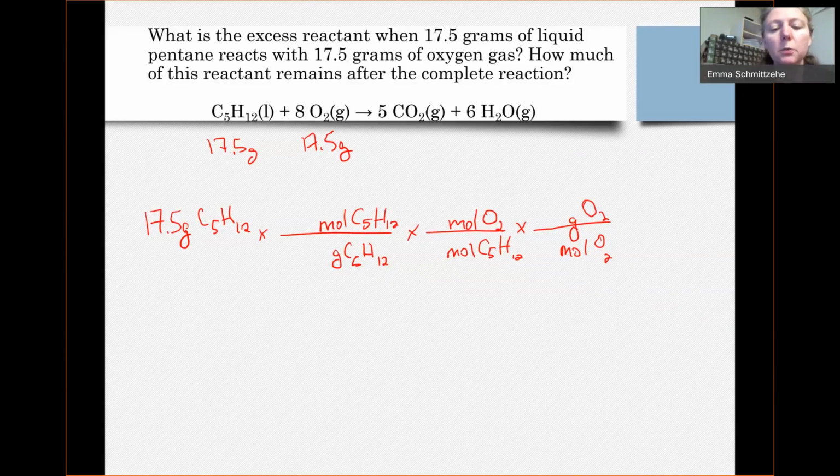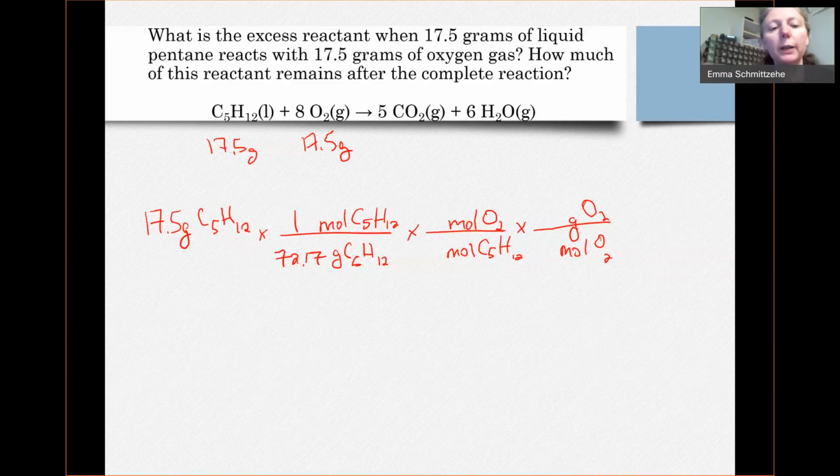So the first ratio is a molar mass. And so 5 times 12.01 for carbon, and then add 12 times 1.01. And so that gives me a molar mass of 72.17 grams per 1 mole.